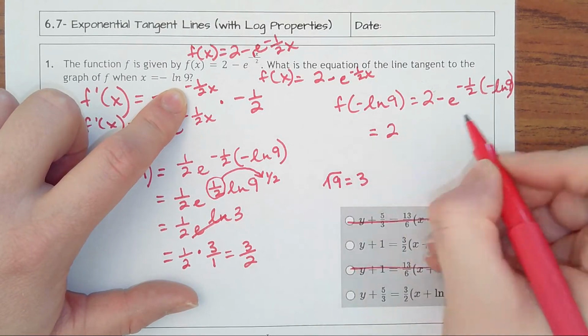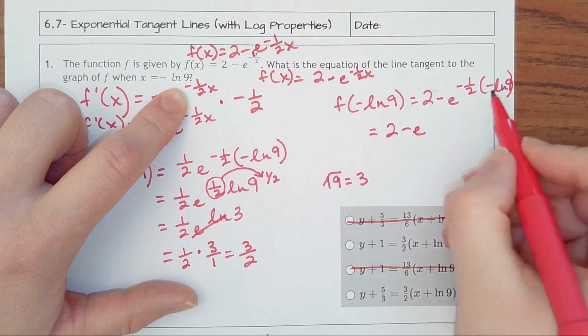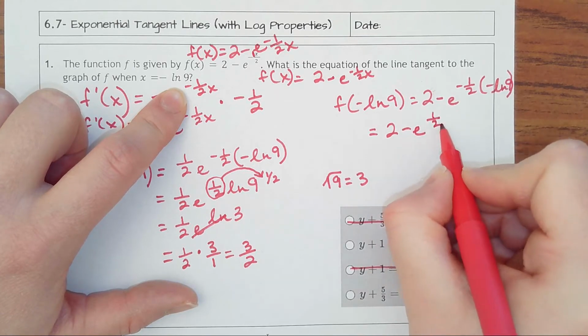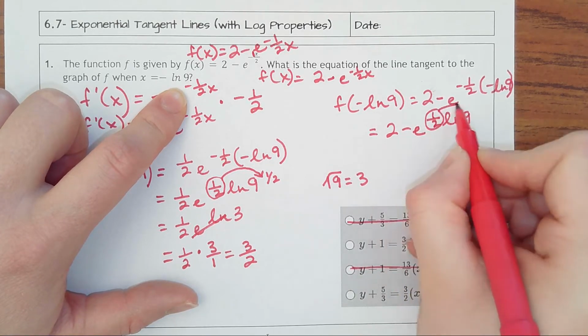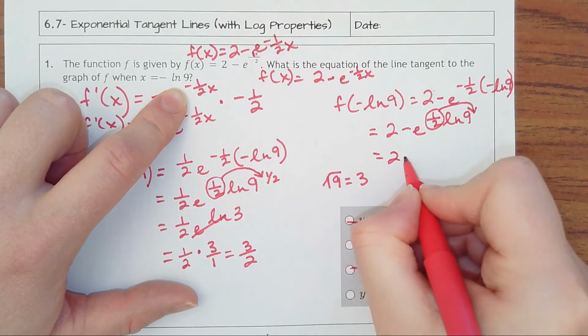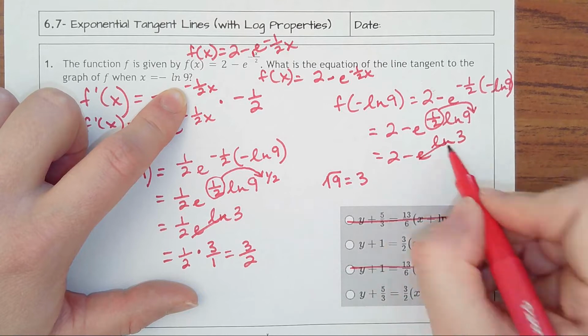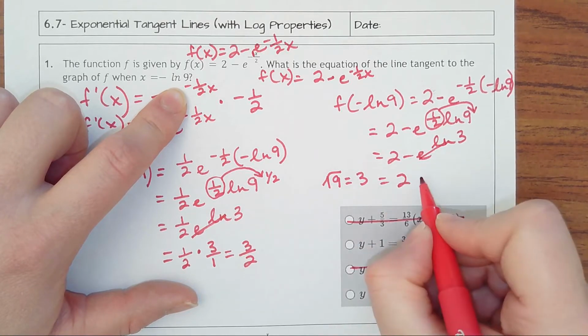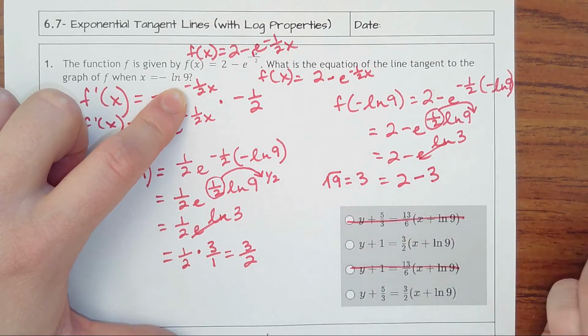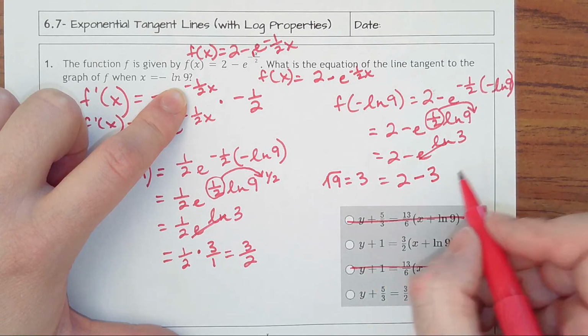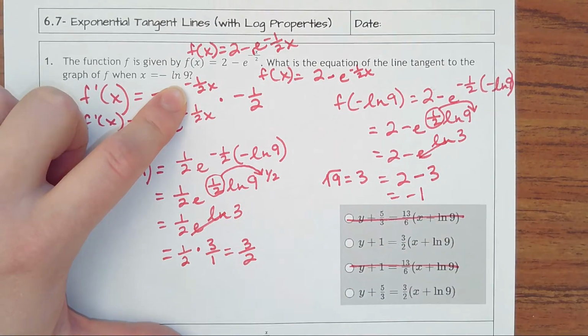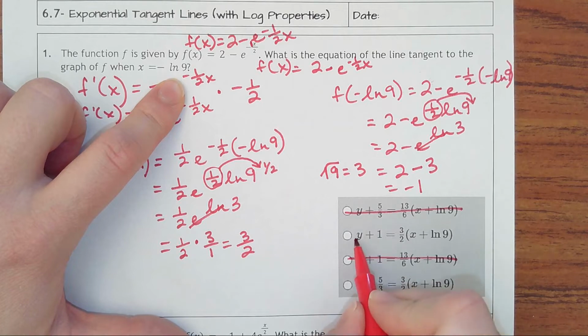So it'll be 2 minus e to the positive 1/2 natural log of 9. That becomes a square root, so it'll be natural log of 3. That cancels. So 2 minus 3 is -1. And so it goes y minus -1, so it'd be this choice.